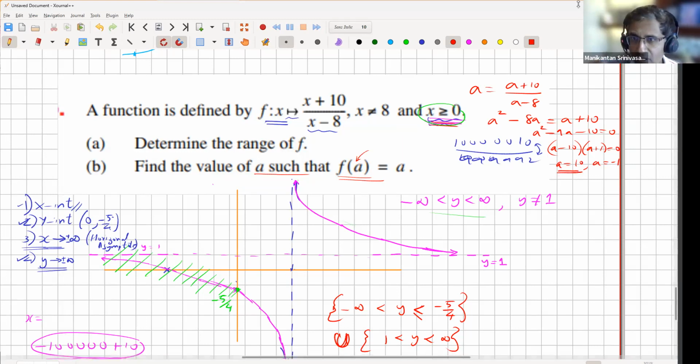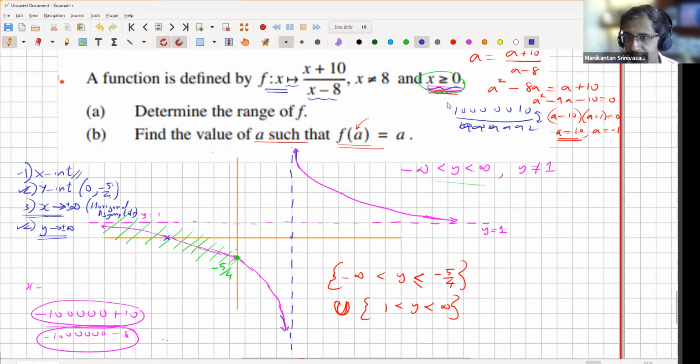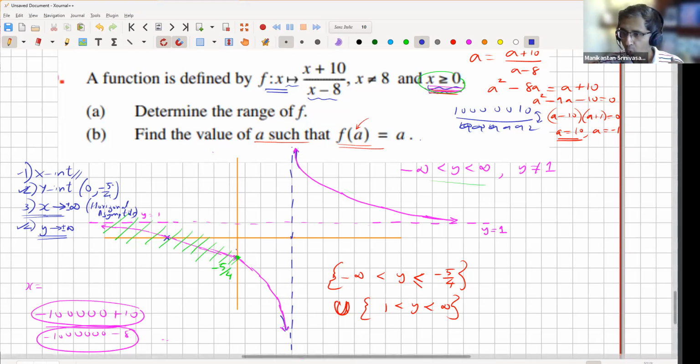And graphically also, does it make sense? So why do we get two answers, 10 and minus 1? Suppose the original question did not have the restriction that x is greater than or equal to 0. Then we are asking, when is the function f of a same as a itself? Think of two functions. One is the function f of a, the other is the function a itself, meaning you're comparing it to the function y equal to x.